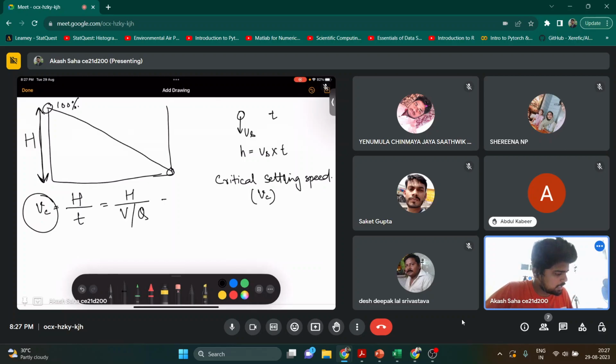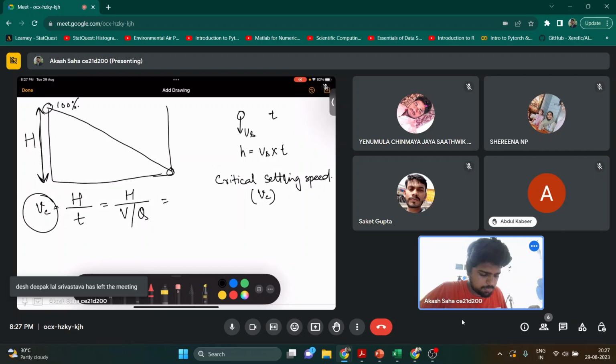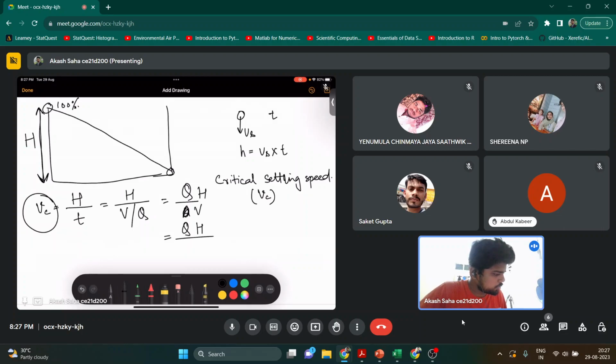Ultimately it will become Q by A, because it will be volume V by Q, and we can write V as h into A. So h will cancel, and it will become Q by A. So my settling velocity will be equal to this, and what is this? This is my surface overflow rate.